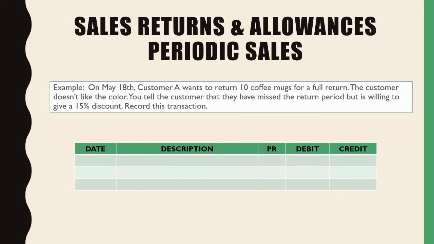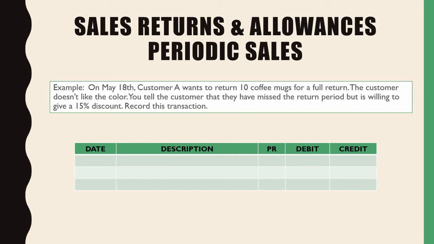Ultimately, they both do the same thing. So we just tack them together and just call it returns and allowances. Yes, you can have it separately. It's just depending on how your accountant is and what your business says is correct, okay? But in this case, I want you to focus that sales returns and allowances are basically the same thing.